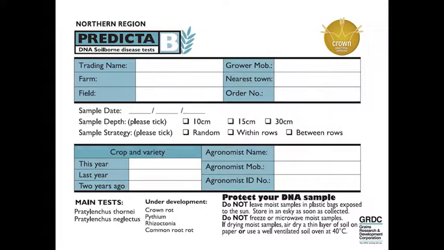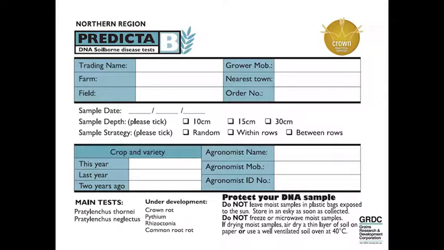Okay, this is just a snapshot of the bag. So the predictability bag that you'll get, SARDI have developed this one for the north. So it's a northern test, and it does these 6 pathogens: thornei, neglectus, so the 2 Pratylenchus, crown rot. These are what they call the under development, but really, it means they're getting the numbers.